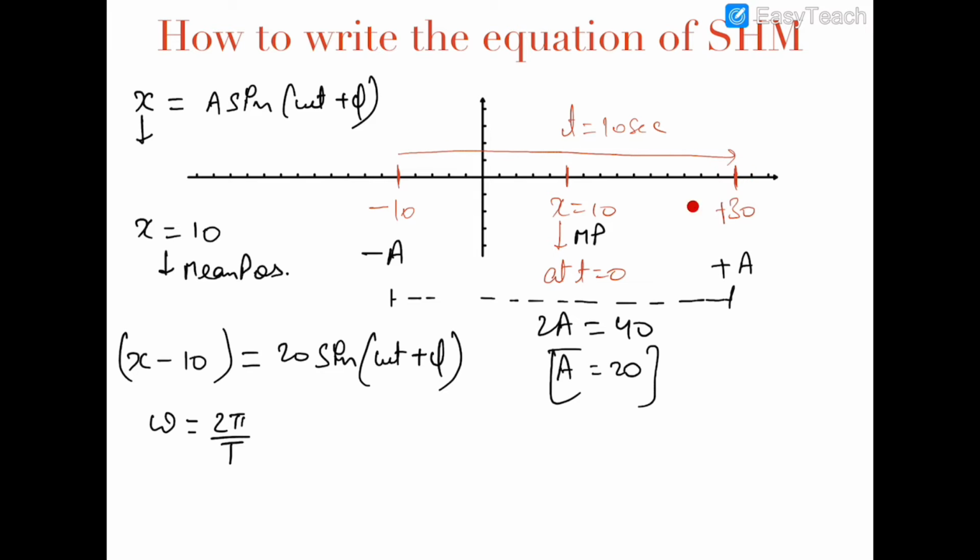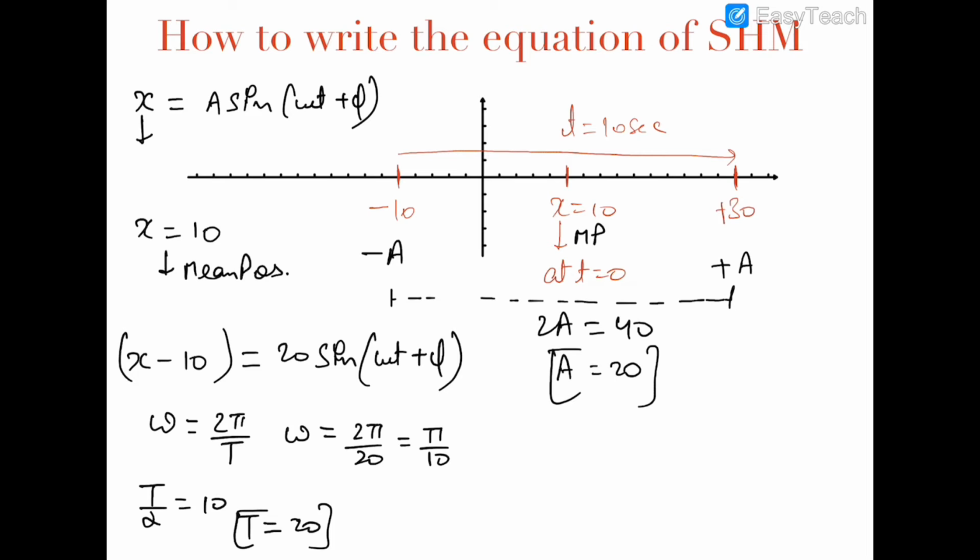So this completes one cycle. T by 2 is given as 10 seconds, and therefore T is 20. So omega will be equal to 2 pi by 20, and therefore omega is pi by 10.